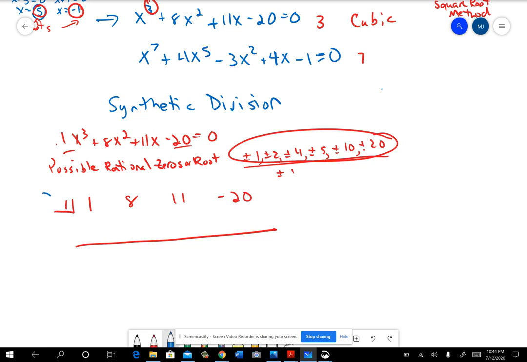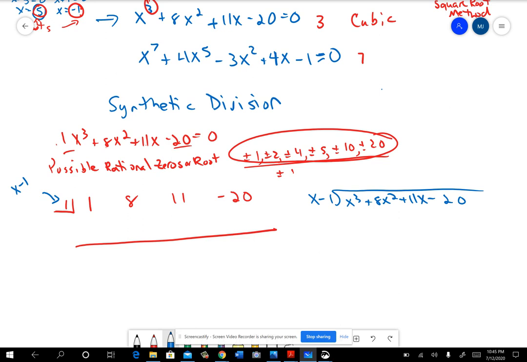That 1 that I'm putting in the box corresponds to a factor x minus 1. So the synthetic division is really me trying to divide x minus 1 into x to the third plus 8x squared plus 11x minus 20. If anybody'd rather do that, you can. But that's basically what I'm doing. This is just the shortcut process for that long division, okay?